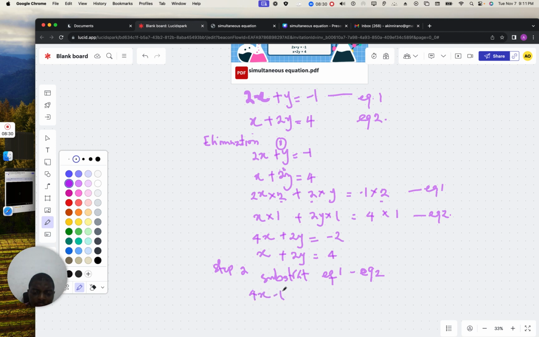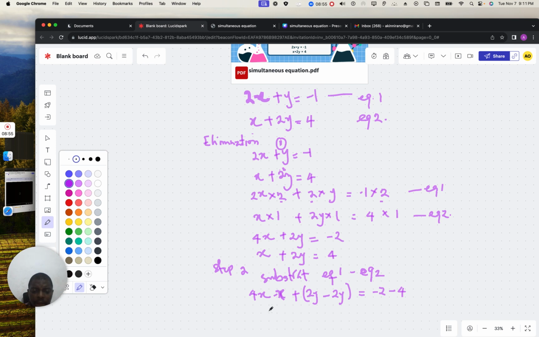4x minus 1x, this is supposed to be x, plus, you put the plus in front, 2y minus 2y is equals to minus 2 minus 4.